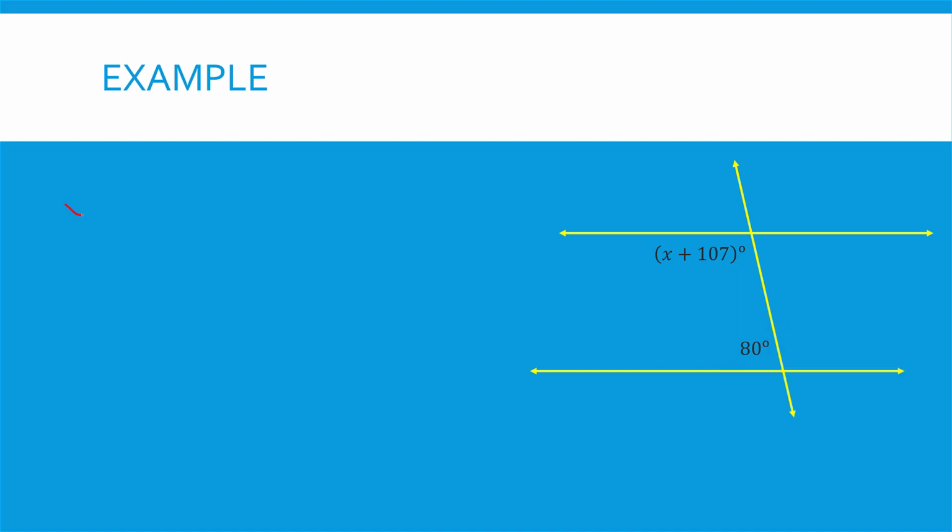So x plus 107 plus 80 would equal 180, because supplementary angles add up to equal 180 degrees. And our reasoning would be consecutive interior angles are supplementary, or equals 180.